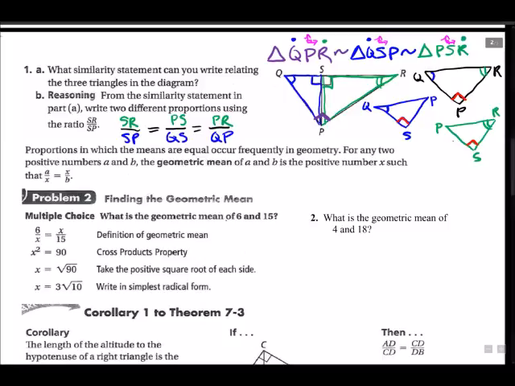So I simply wrote two more ratios, I completed my extended proportion here, just starting with sides from the green triangle. So I said, well, PS, that's the first one. So who's the first one in the blue? QS. And then first to third position in green, PR. So first to third position in green in blue, QP.